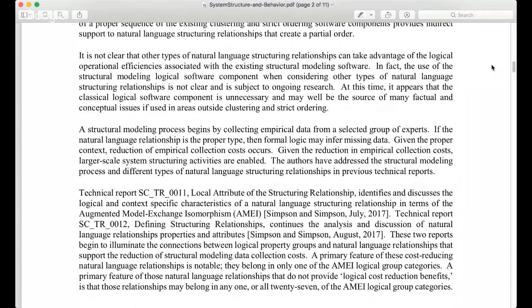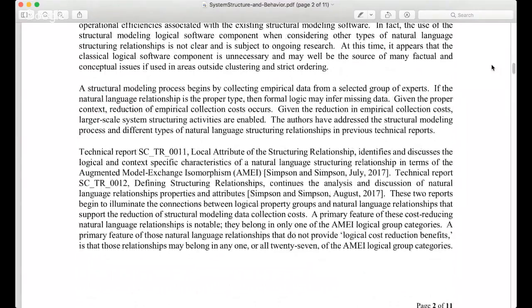Or could it fit in about 27? You know, what are those parameters? We developed some metrics on that, which we published in some of our previous technical reports. And it's a good metric and a good way to clearly talk about natural language relationships which can cause problems.